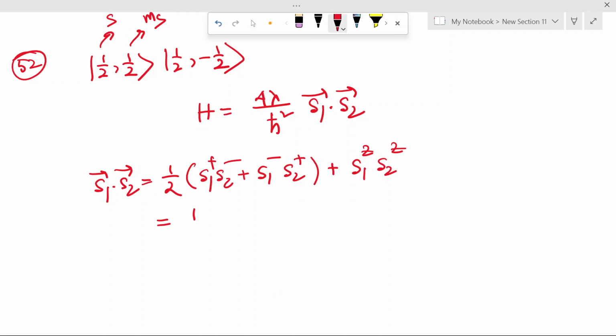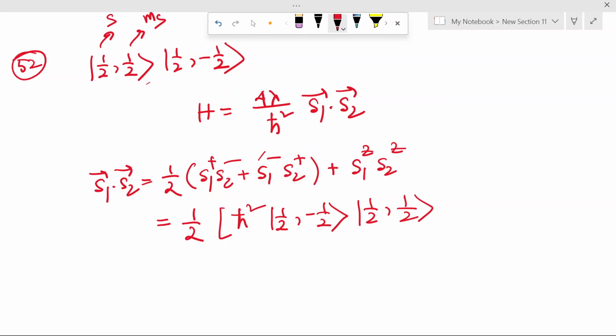So it will be half into h cross square, because these two terms will give h cross and h cross, like half into minus half. One will make it down and one will make it up, due to this term.